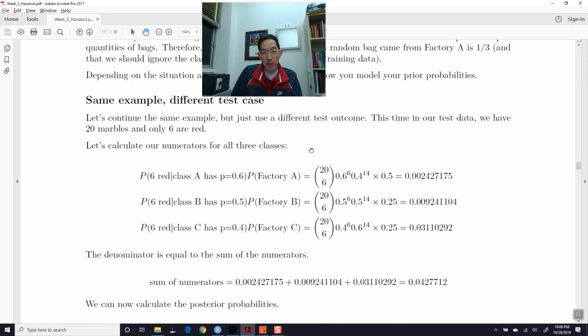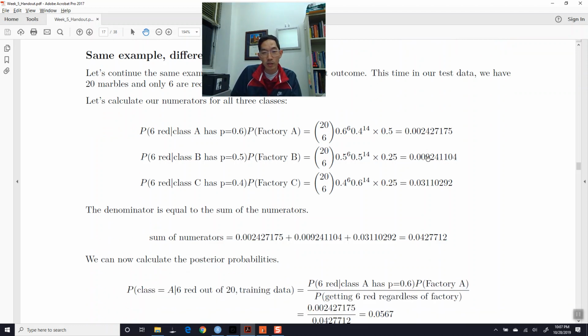So when we do this and we recalculate our numerators, okay, we get much smaller numbers. The probability of getting only 6 red if the filling proportion is 60% red is very small. The probability of getting 6 red if the filling proportion is 0.5 is small but not tiny, and the probability of getting 6 red if the filling proportion is 40% red is a little bit larger there, okay?